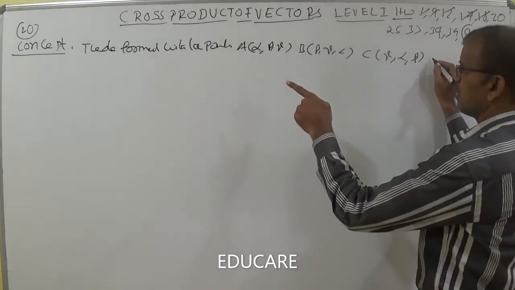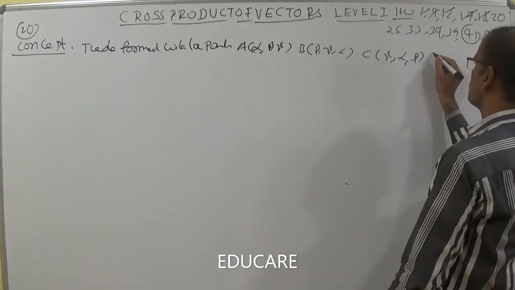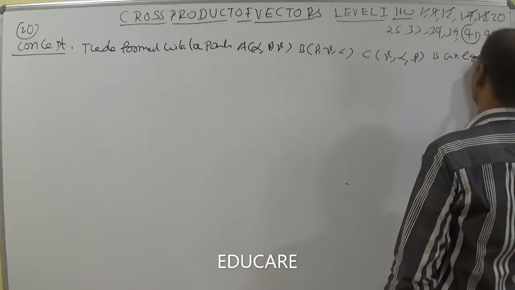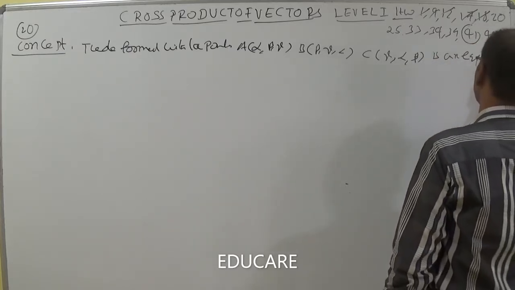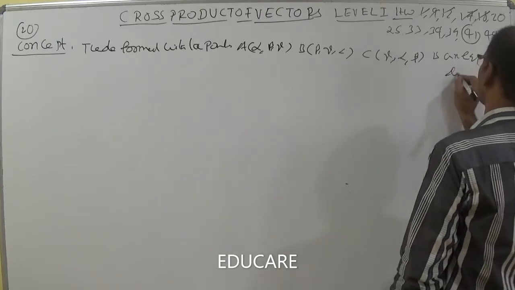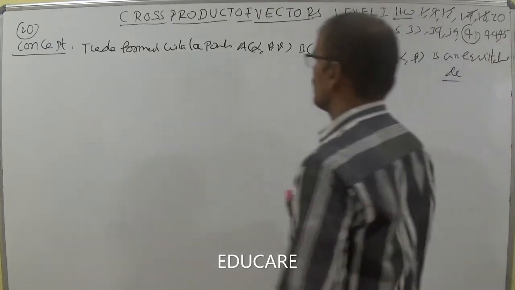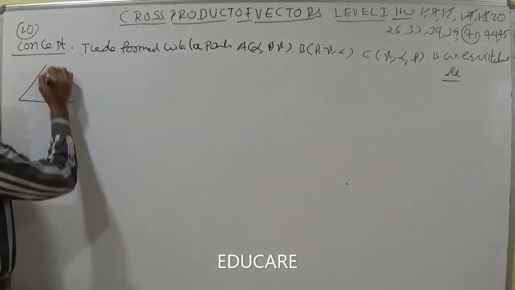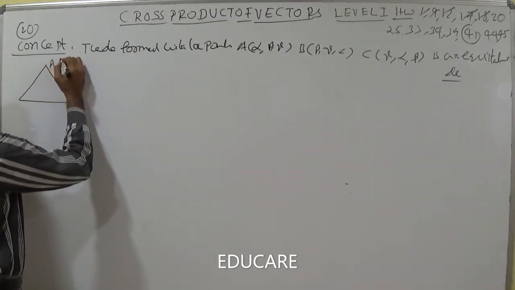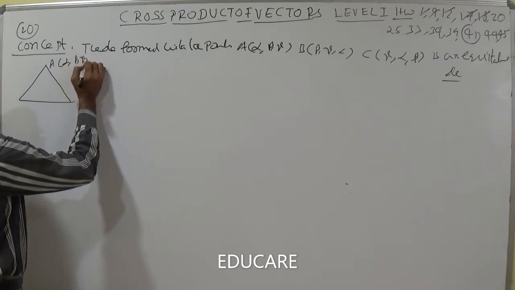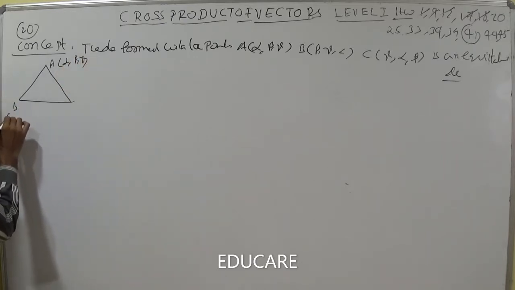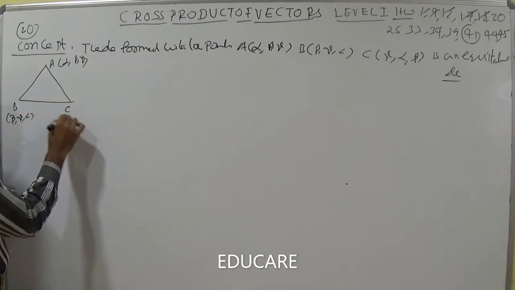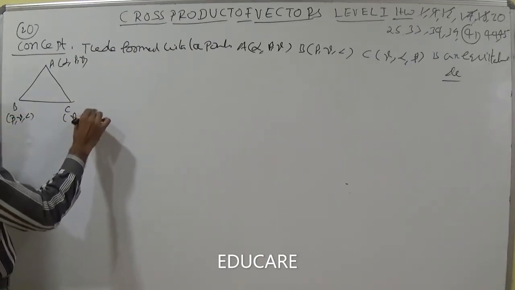The triangle formed with the points is an equilateral triangle. It is the formula. Triangle A (alpha, beta, gamma), B (beta, gamma, alpha), C (gamma, alpha, beta) is always an equilateral triangle. So A vertex is alpha beta gamma, B vertex is beta gamma alpha, and C vertex is gamma alpha beta.